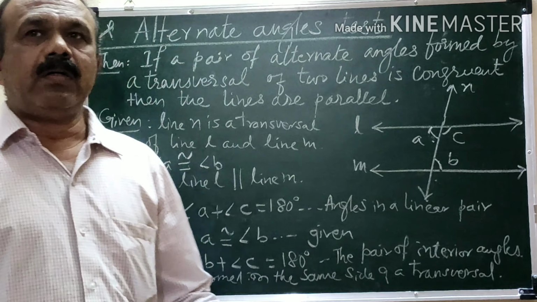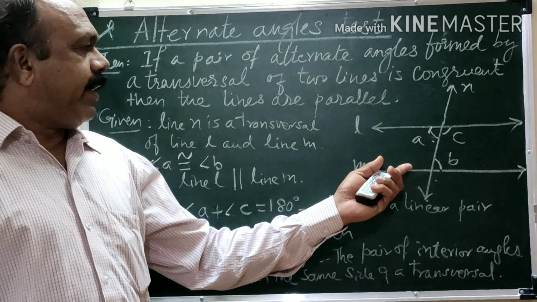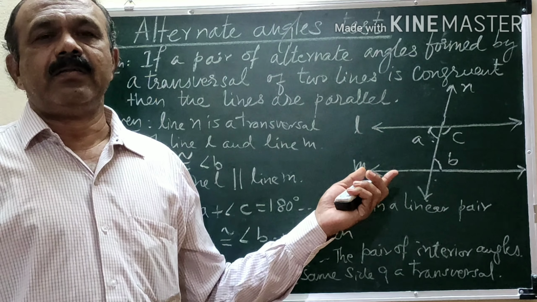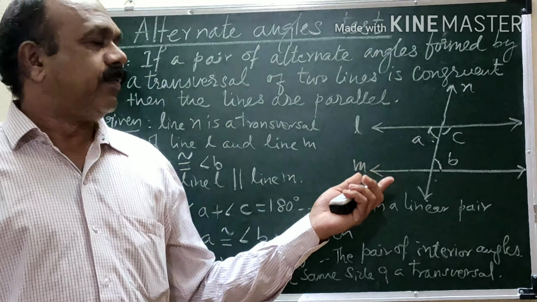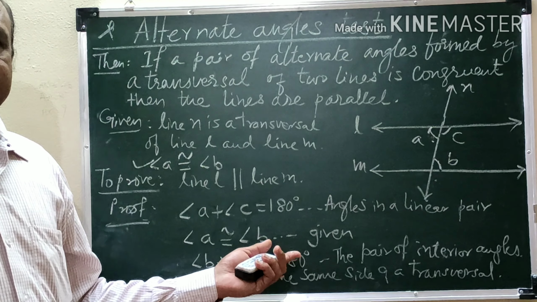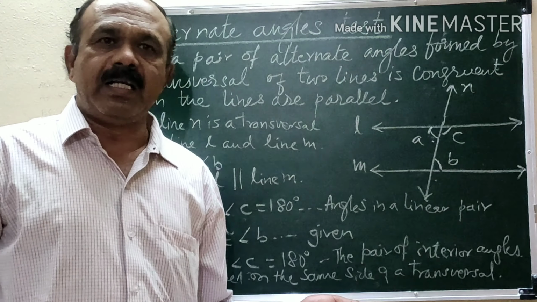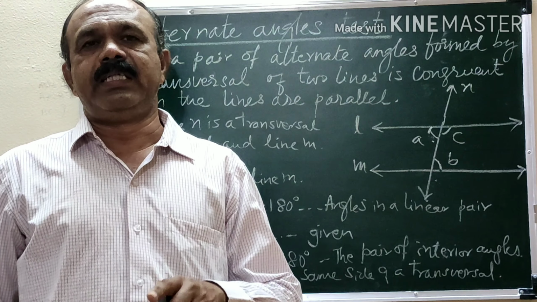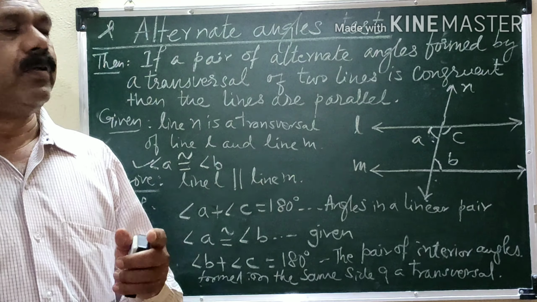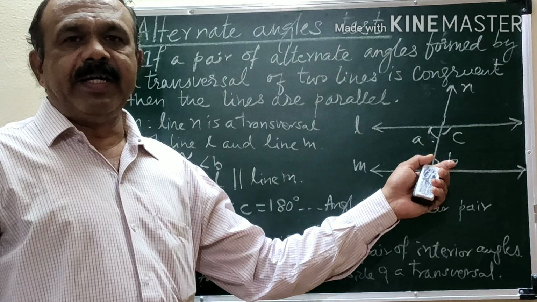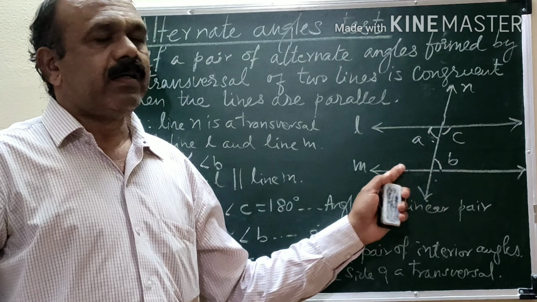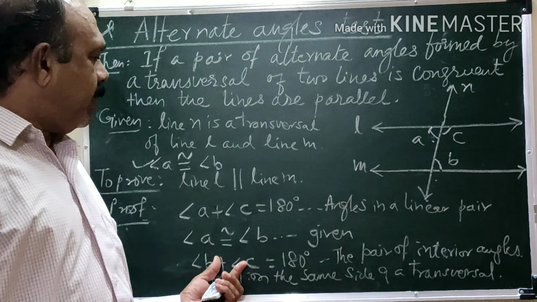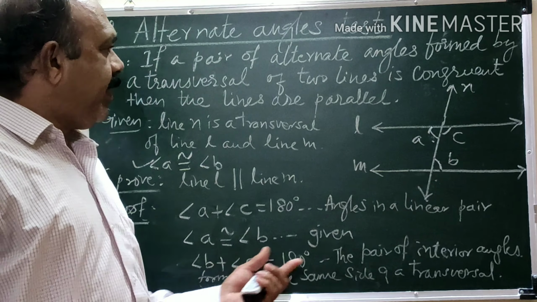Therefore, line L and line M are parallel, with the result being the interior angle test. What is that interior angle test? That we learned before this. If the angles formed on the same side of the transversal are supplementary, then the two lines are parallel. So here angles B and C, their sum is 180 degrees, that is, they are supplementary.